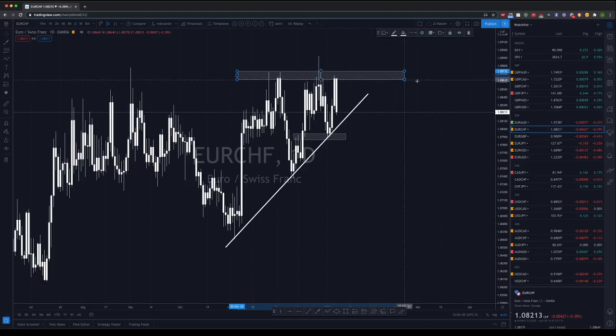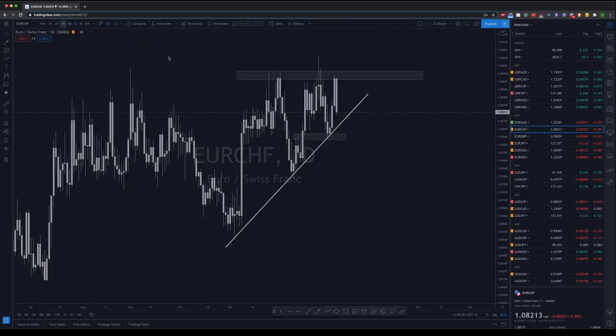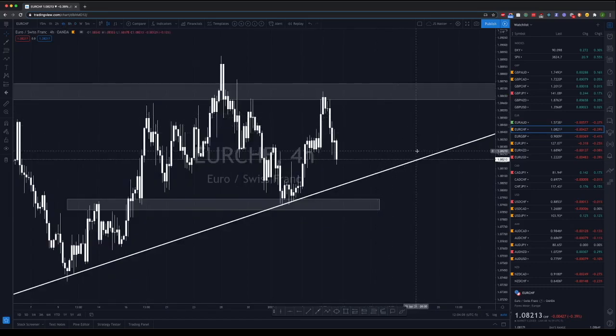Okay, so we had this push up, came back down to the trend line and this area and rejected, right? And on a 4-hour level, this is an area of a minus 4-hour level. So I'm just keeping this on my watch list because of the level on the 4-hour chart.